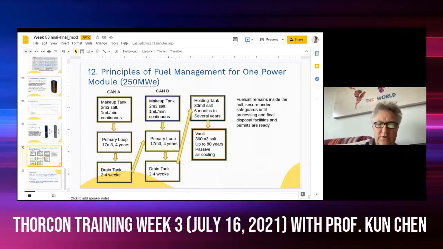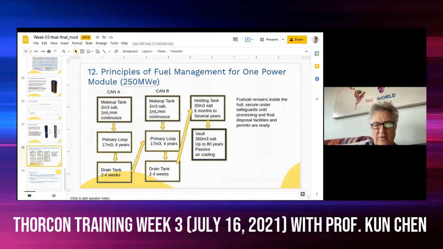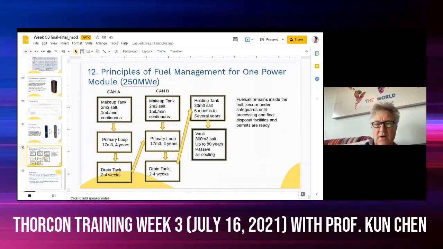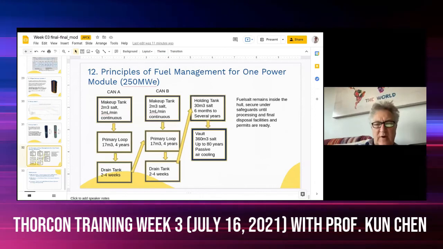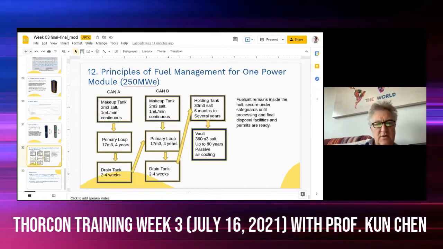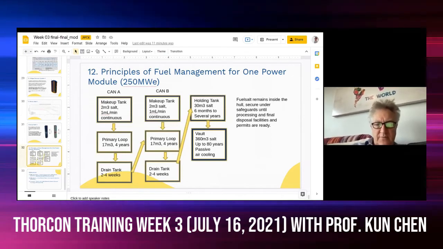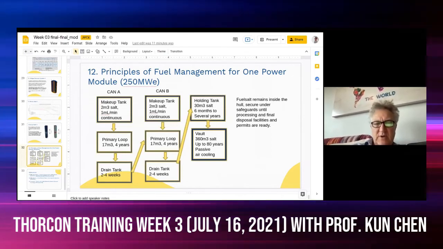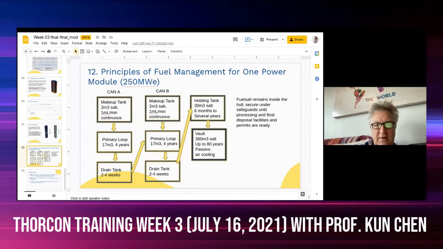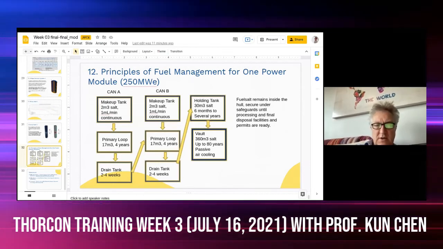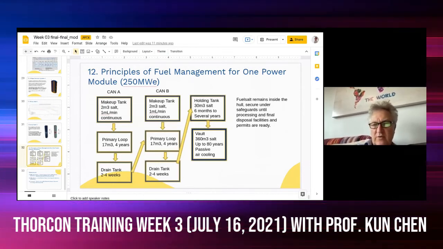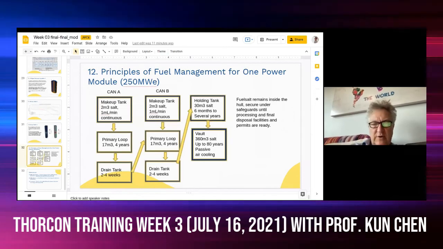Then we will transfer the salt over to can B, where it'll operate for another 4 years. And there's a makeup tank in can B that will feed the additional makeup as we go. And at the end of that time, it gets drained into its drain tank. And we have another maintenance cycle for the turbine.